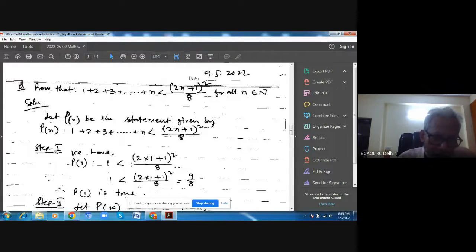Otherwise, suppose in the exam the symbol has changed, now this side is greater than. If the symbol is changed, then automatically it is not true, because here is 1 and this side is 1.1. So 1 is not greater than 1.1. So 1.1 is always greater. So you also have to be careful about that.